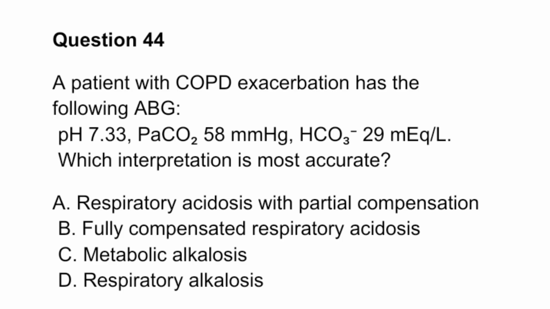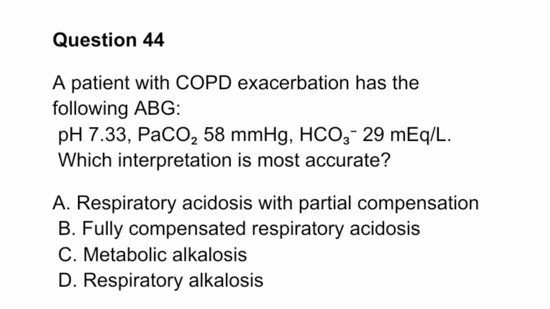Question 44. A patient with COPD exacerbation has the following ABG: pH 7.33, PaCO2 58 millimeters mercury, HCO3- 29 milliequivalents. Which interpretation is most accurate? A. Respiratory acidosis with partial compensation. B. Fully compensated respiratory acidosis.